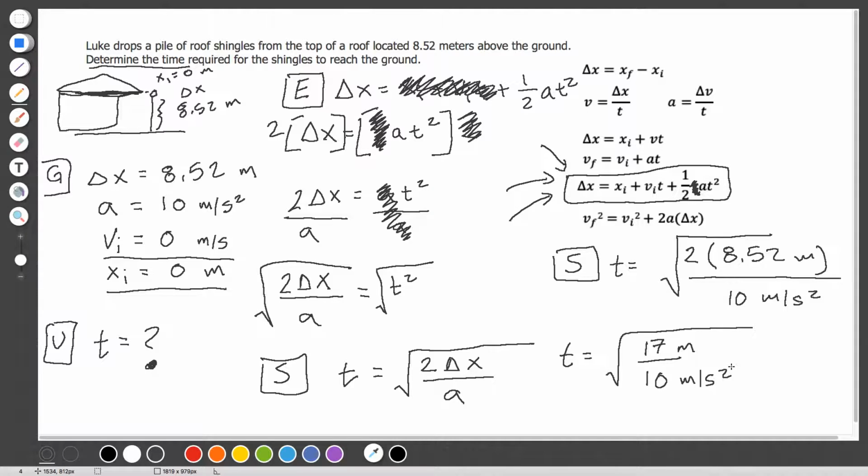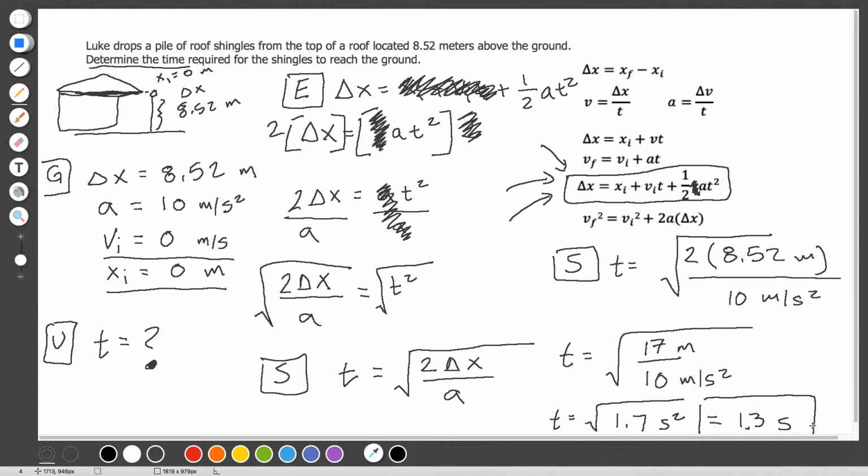So 17 divided by 10 equals 1.7. So t is the square root of 1.7 seconds squared, which equals 1.3 seconds. And that is our final answer for time.